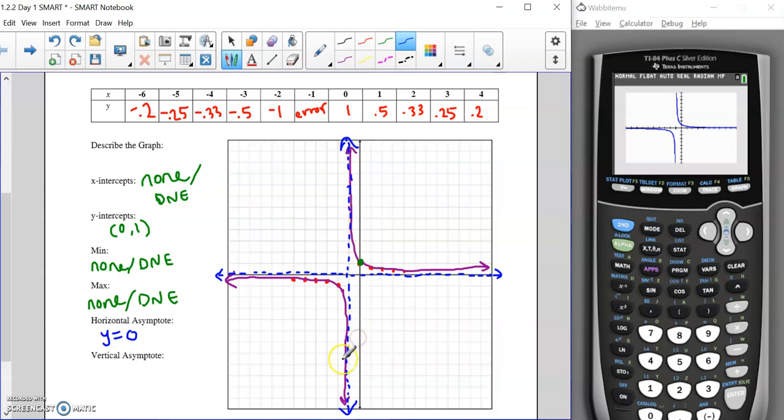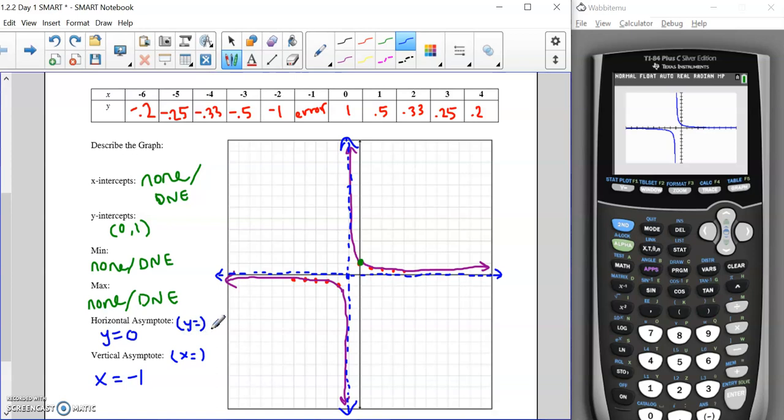So our vertical asymptote, we need to also make an equation for. Now this one hits the x-axis at -1, right? Right here at -1. So this one is actually going to be x = -1. Vertical is always going to be x equals, and horizontal is always going to be y equals.